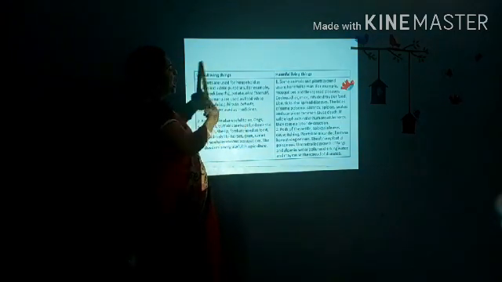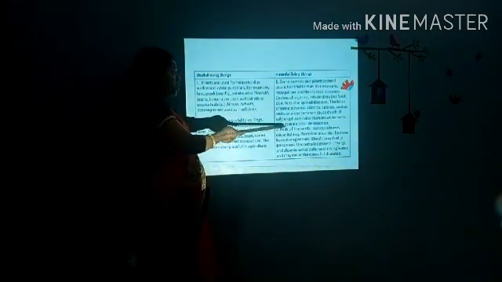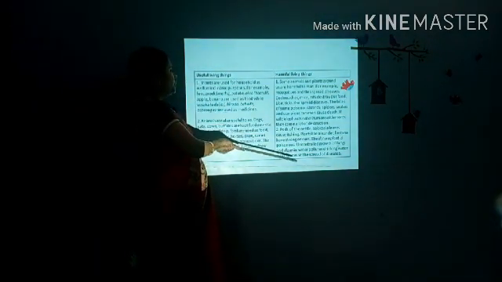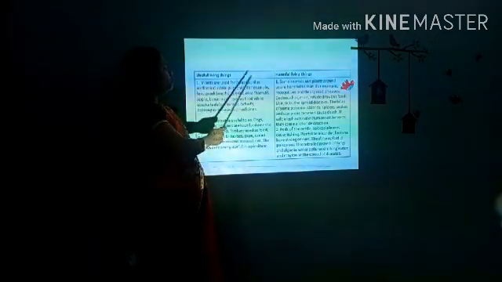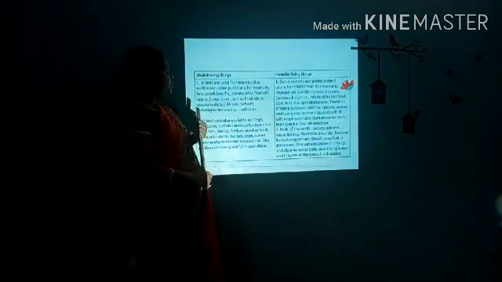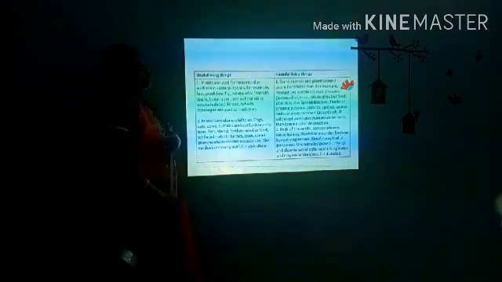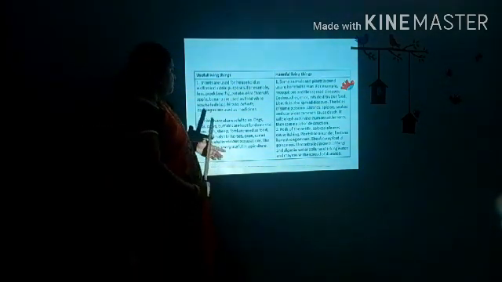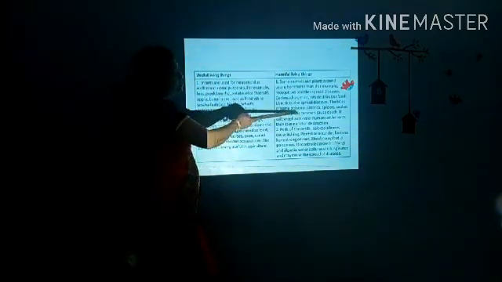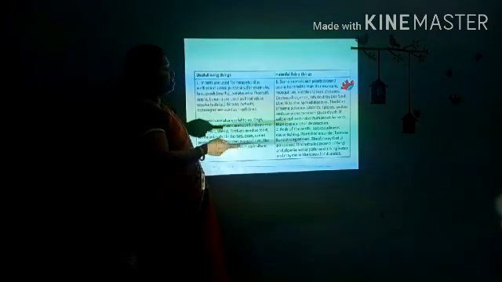So I have given a differentiation between useful living things and harmful living things. Here the plants used for household purposes, for industrial purposes, for medicinal purposes are useful plants. Similarly, the animals used for household purposes are useful animals. But some living things are poisonous. They spread diseases.